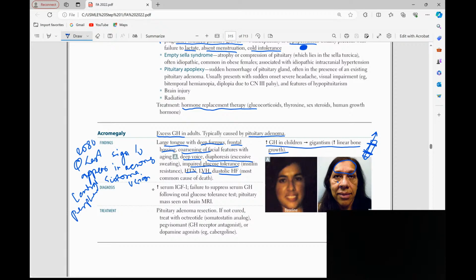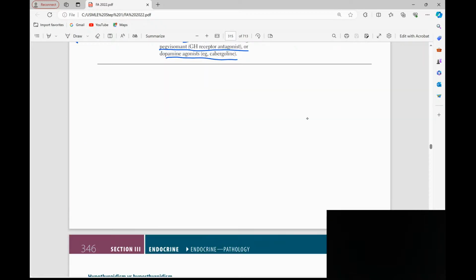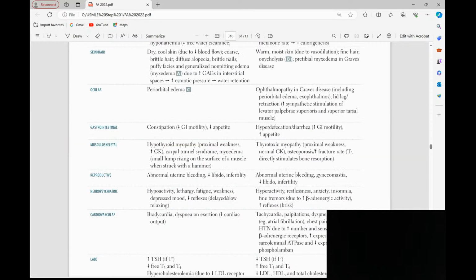And diagnosis is by increased levels, and there will be a mass on MRI. And we have no option but resection of the pituitary adenoma, and give octreotide, and whatever hormones are getting increased, we have drugs that antagonize them. So this is it. We have completed pathology of endocrine also.